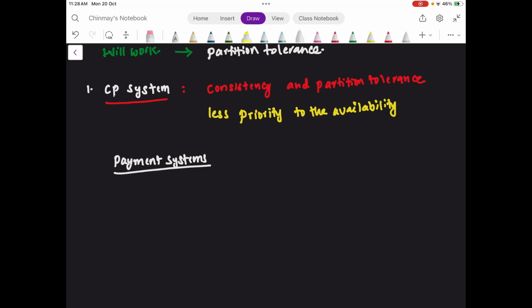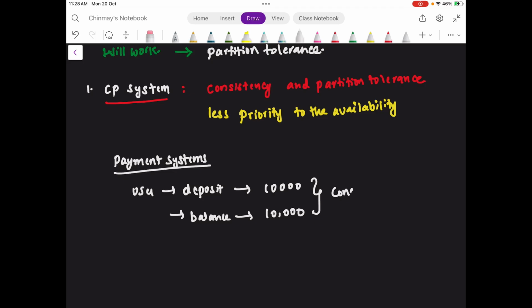Let's take the banking application. If the user deposits the money, like 10,000 rupees, when he inquires for the balance, it should show the correct amount. It should give priority to the consistency.